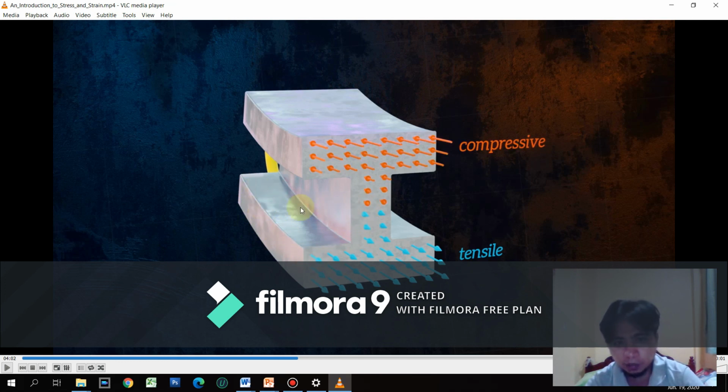So the boundary between them is what we call the neutral axis. In the neutral axis, the stress is equal to 0 because this is the transition. Below the neutral axis line is tensile, and the upper portion beyond the neutral axis is compressive. But if we have a bending that is concaving downwards, this will reverse.